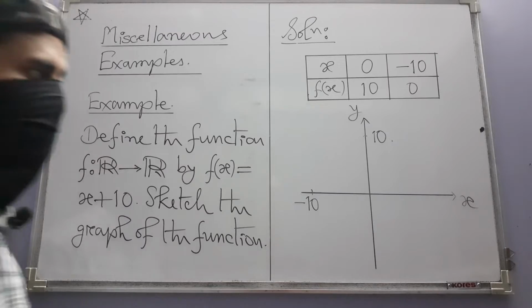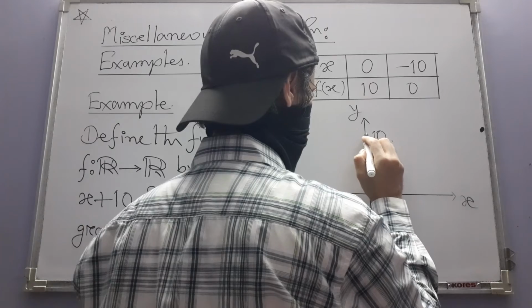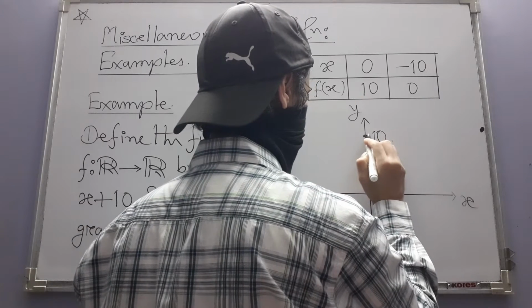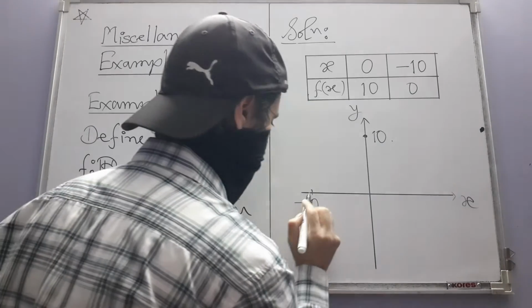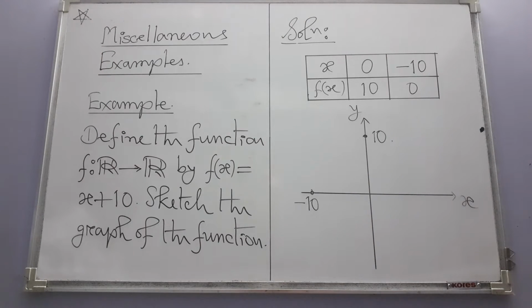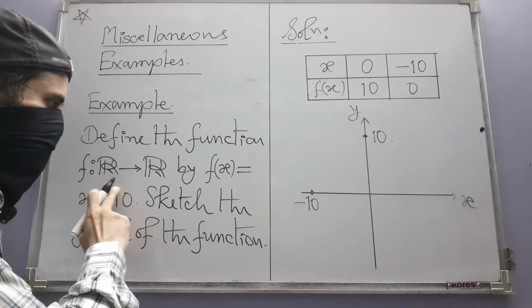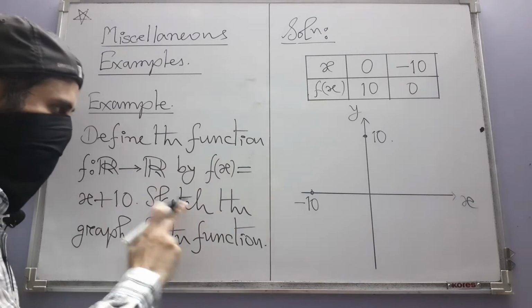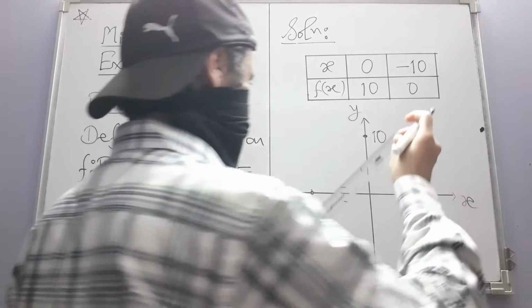So when my x is 0, y should be 10. That means this should be a point on the graph. Similarly, when my x is minus 10, then y is 0. So this is another point on the graph. And we know from previous experience that the graph of any such function is a straight line. And that's why this will be the graph.